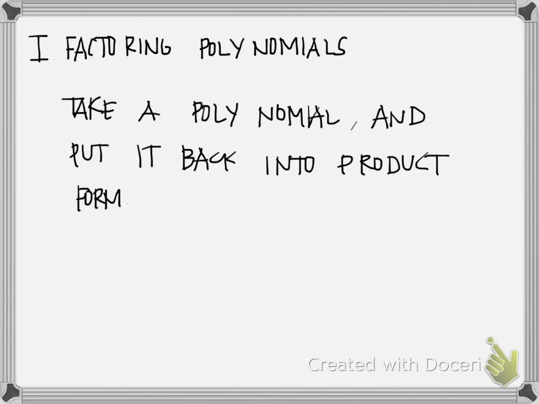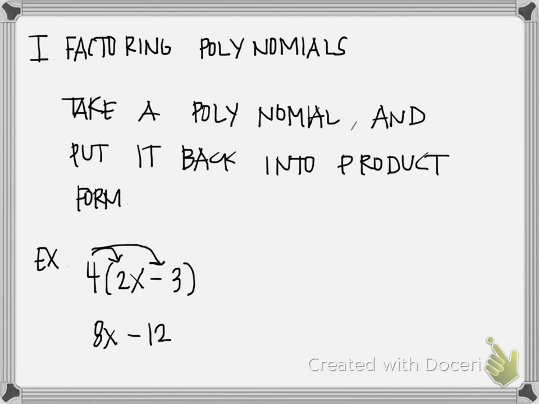Okay, so let's think about this. Here's just an example. What we've learned so far is if we have something that looks like this, what do we do? We distribute, right? So we would say 4 times 2x. So 4 times 2x would be an 8x, and 4 times a negative 3 would be a 12, okay?